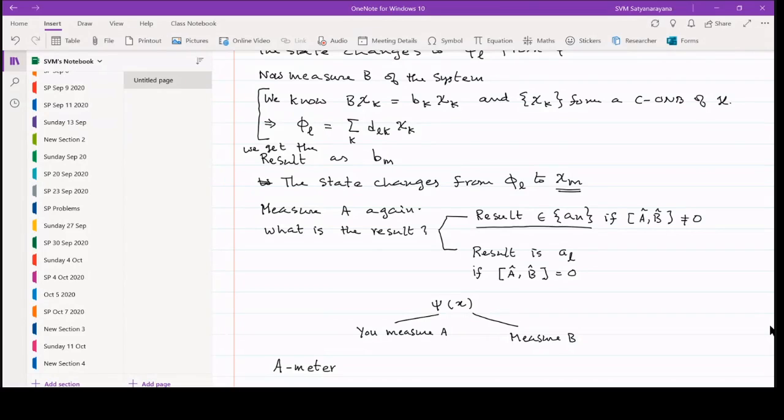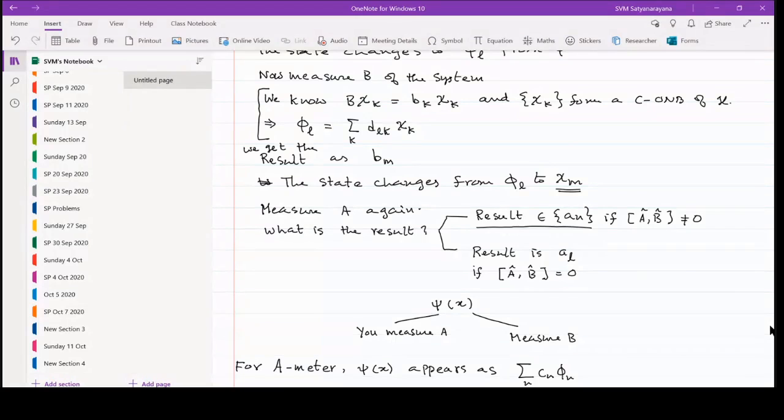So for the A meter, psi of x appears as sum over n Pn phi n.